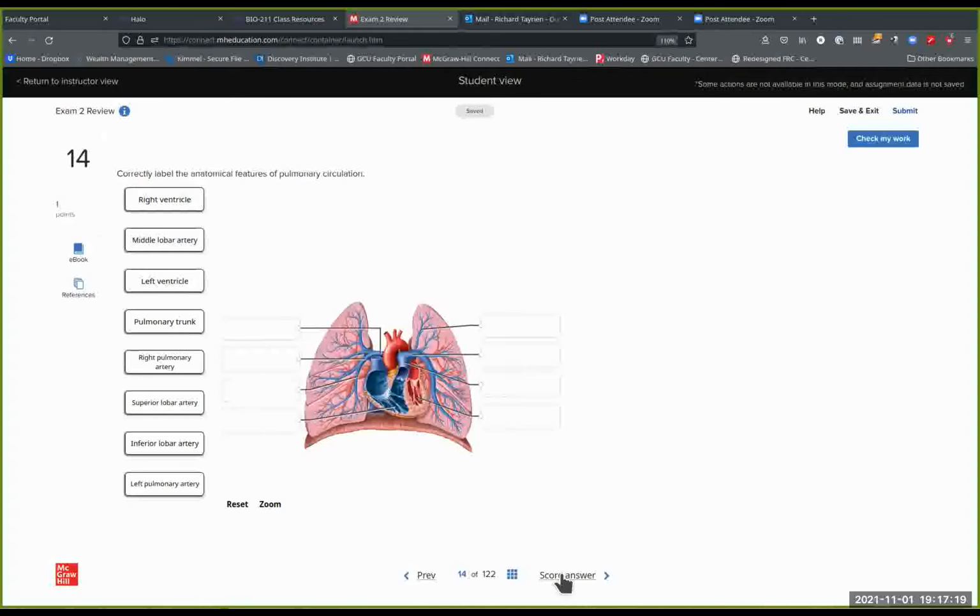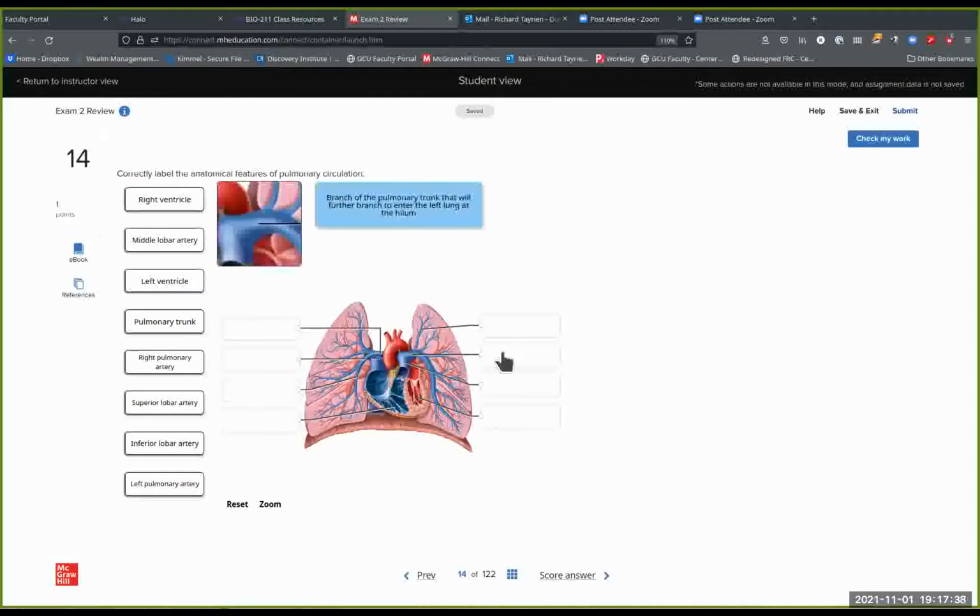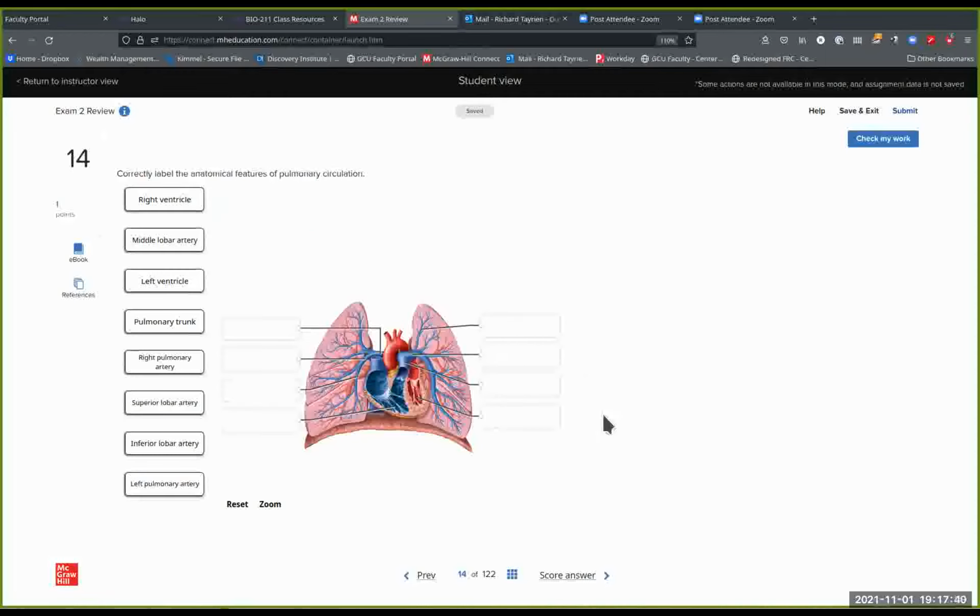Pulmonary circulation, I think essentially just know you've got your right and left pulmonary arteries, and any more detail than that I think would be unlikely. Yeah, right ventricle, left ventricle.